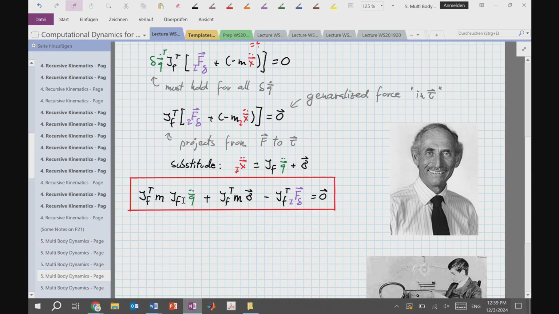And now we have a direct relationship between our joint accelerations, the external forces, and the bias accelerations.